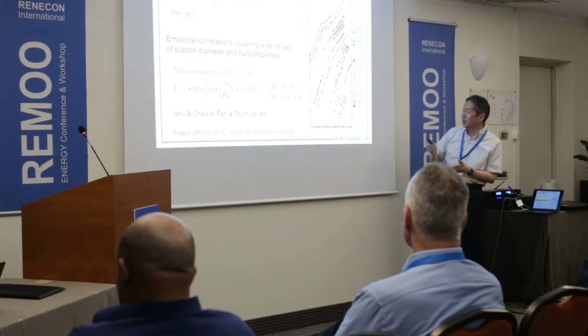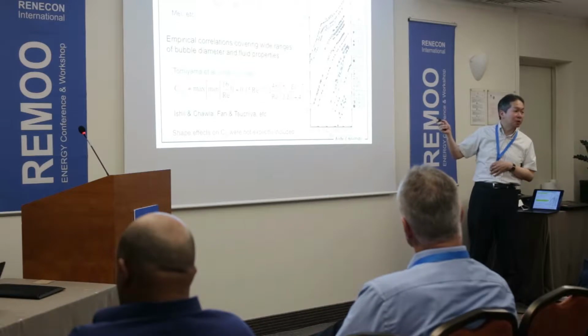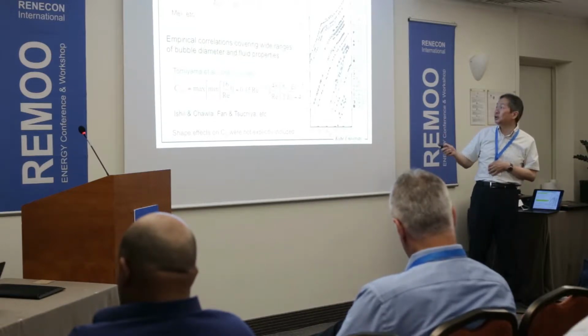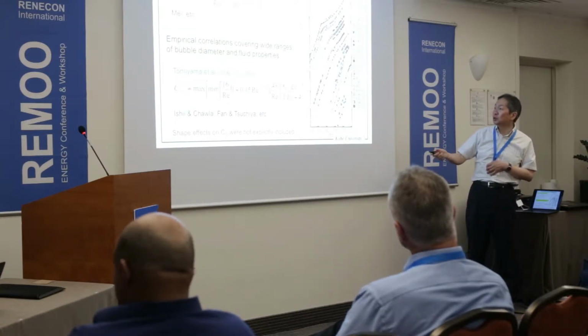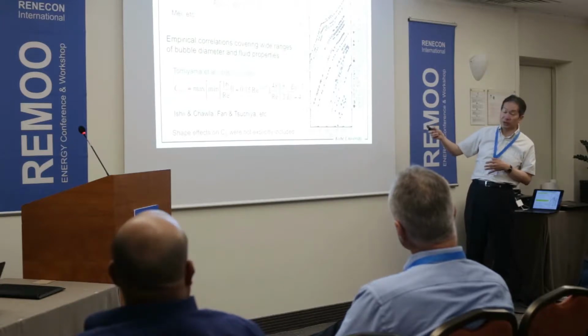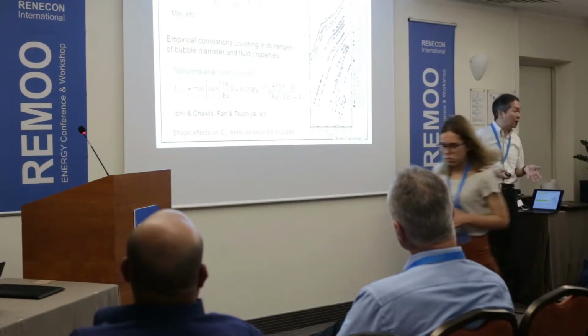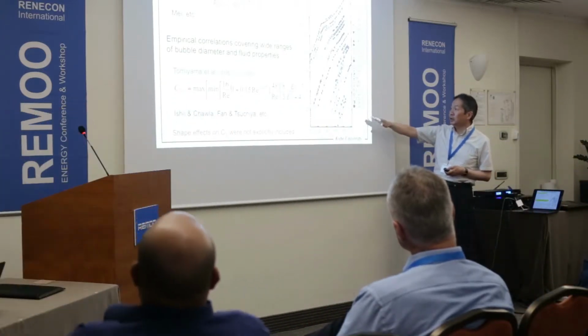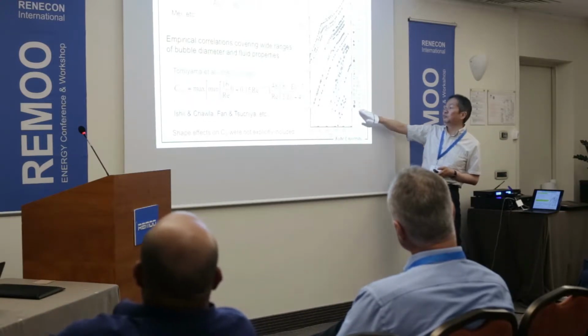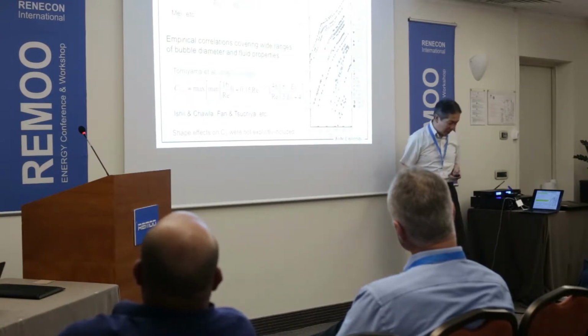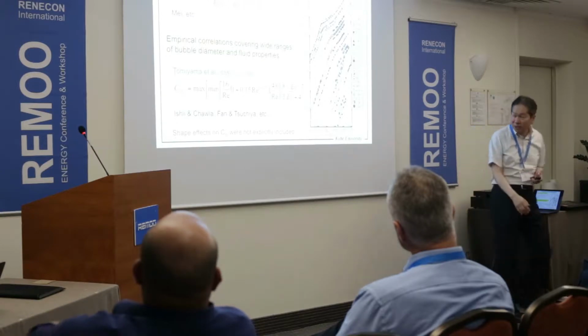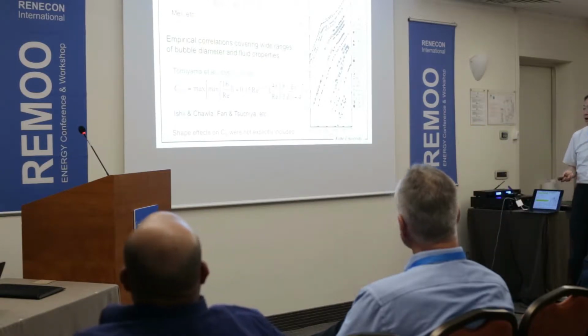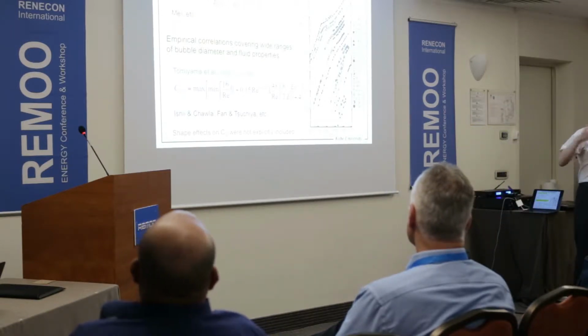Here the fluid property is usually represented by the Morton number, given by these dimensionless groups. This line shows the correlation, and these data are from the famous book of Clift. It agrees from the very viscous system to the very low viscosity system. But still, this model doesn't include the effect of bubble shape.